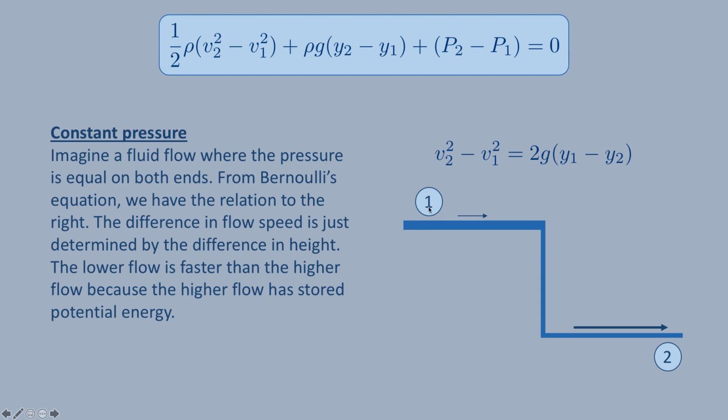And so what we find here is that the speed of flow at the top end is small, and at the bottom end the speed of flow will be fast. It's essentially converting potential energy to kinetic energy. When you just have the kinetic and the potential energy terms, what happens is just what you would expect. Potential converts to kinetic.